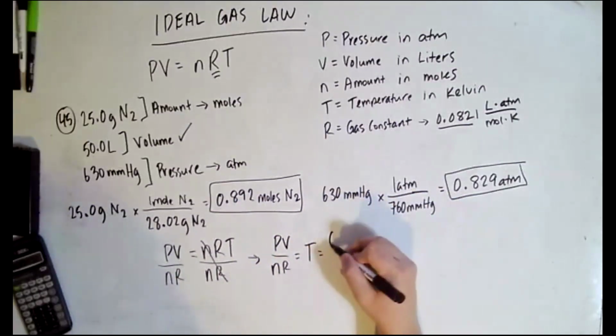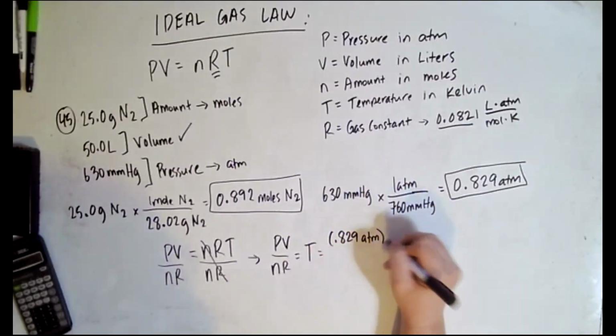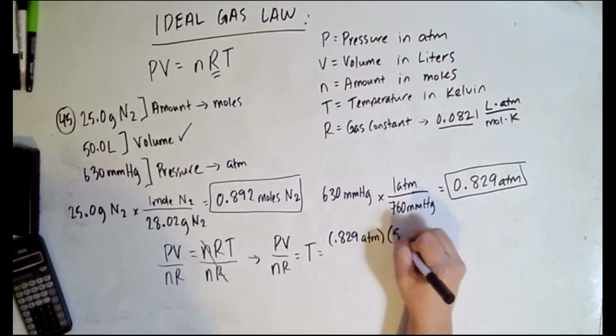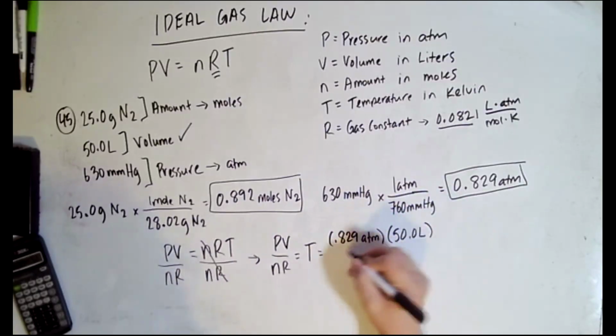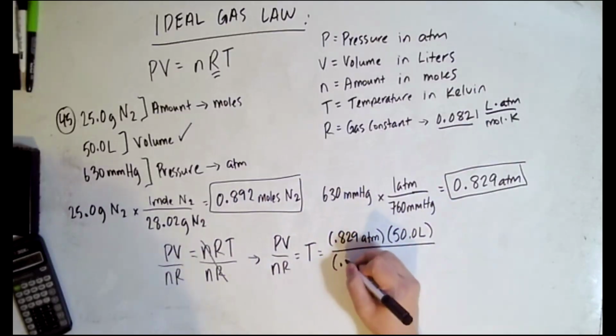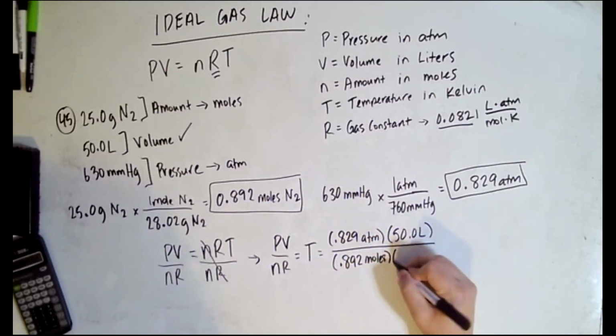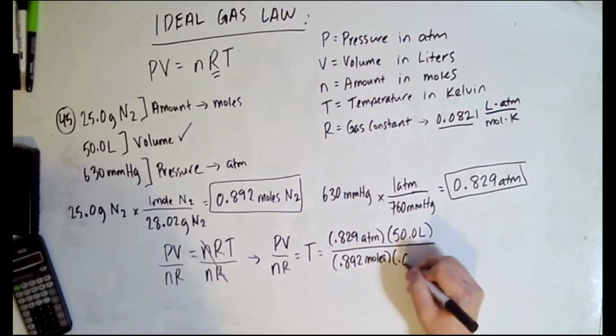My pressure is going to be 0.829 atmosphere. My volume is going to be 50 liters. My N value is going to be 0.892. And my R value, 0.0821.